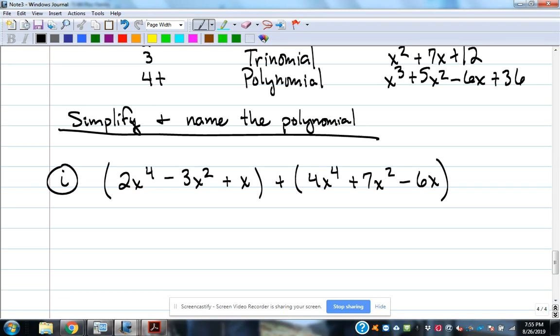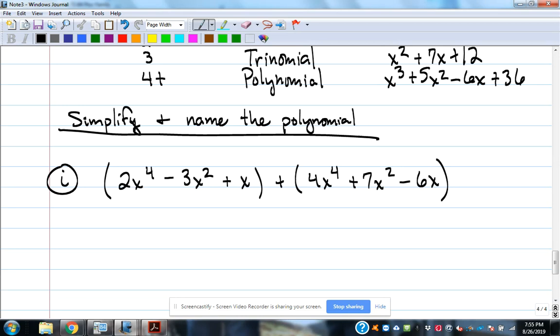Okay. Now, if we're going to simplify polynomials with addition and subtraction, we look to combine like terms, right? What's it take to be a like term? Same variable. And so 2x to the 4th has the same variable as this guy, but are they like terms?